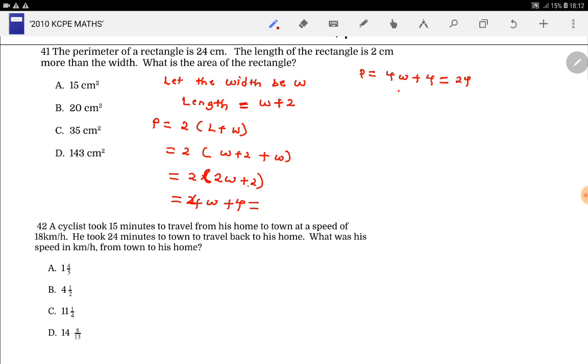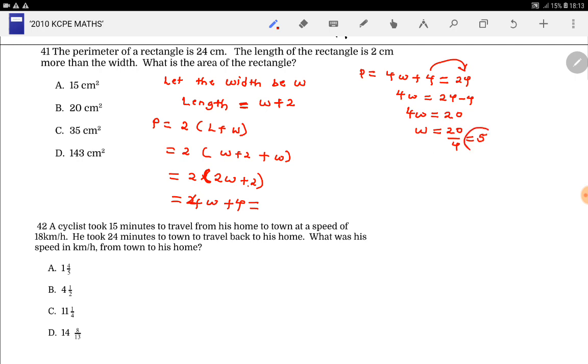So to get W alone, 4W is equal to, we take 4 to the other side, 24 minus 4. So 4W is equal to 20, meaning that to get W alone, we divide both sides by 4, and we get W is 20 over 4, which is equal to 5.